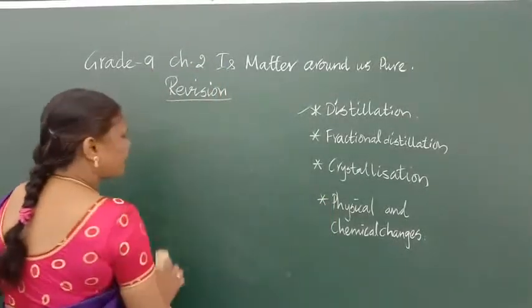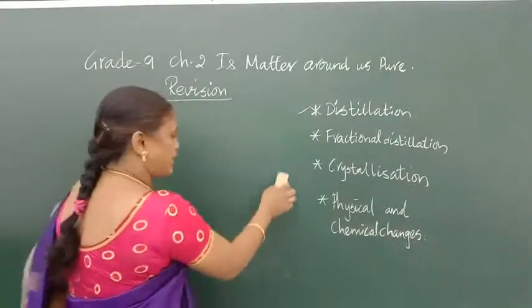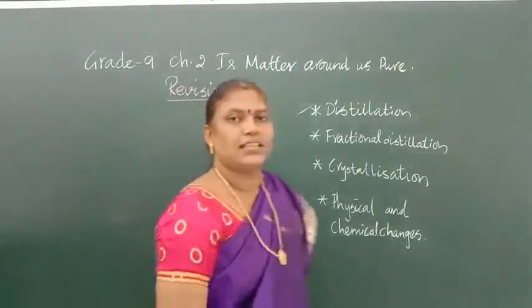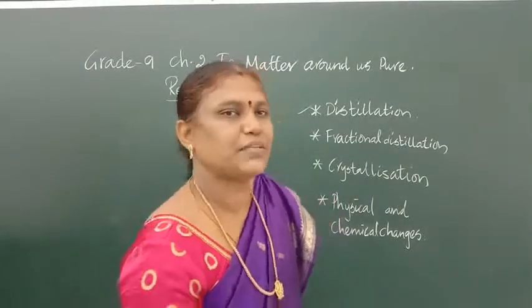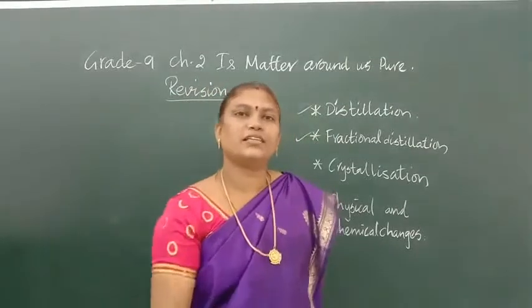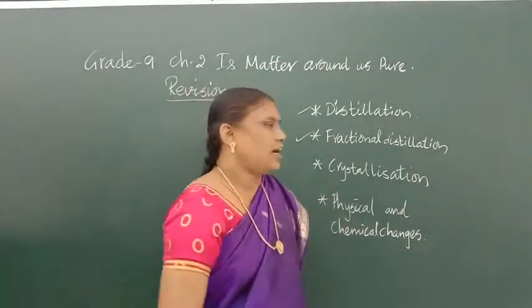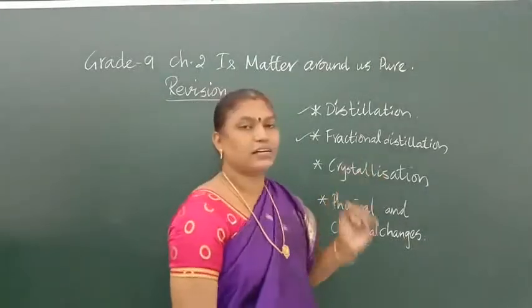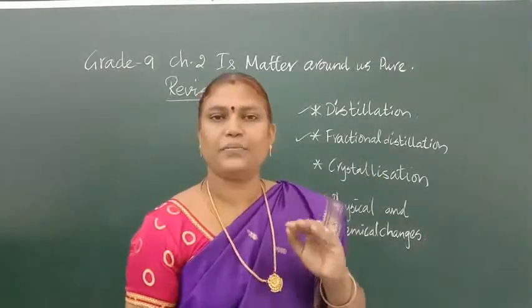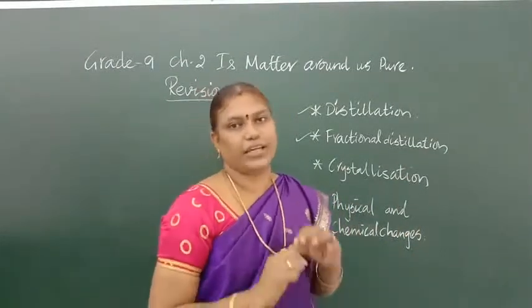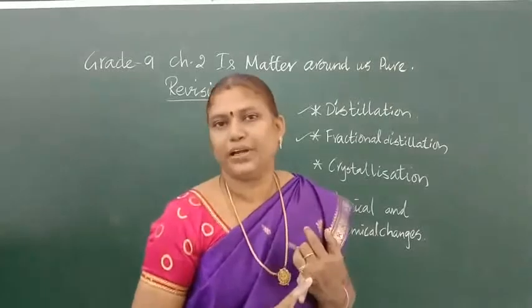While heating, evaporation takes place. While cooling, condensation takes place. This is for separating only two miscible liquids. With fractional distillation, we can separate more than two liquids. Here you need not have a boiling point difference of more than 25. It can be of any difference, no need to bother about the boiling point.